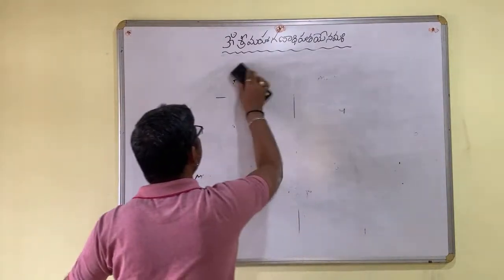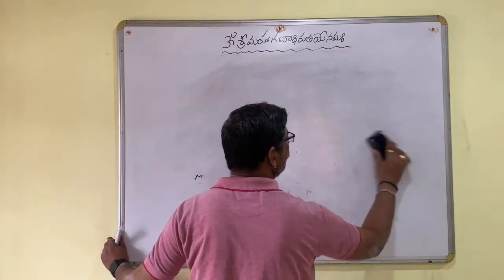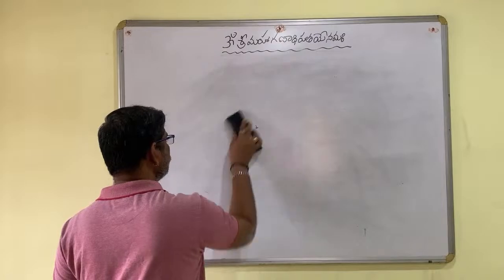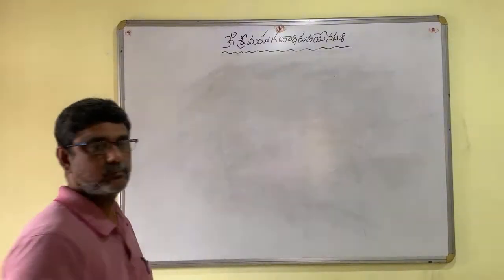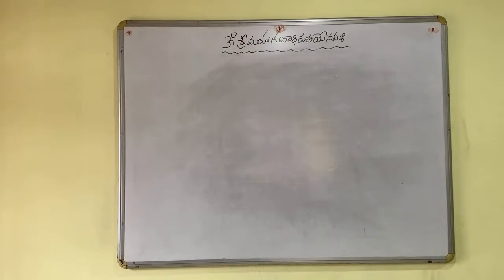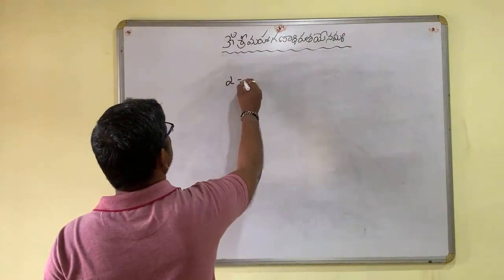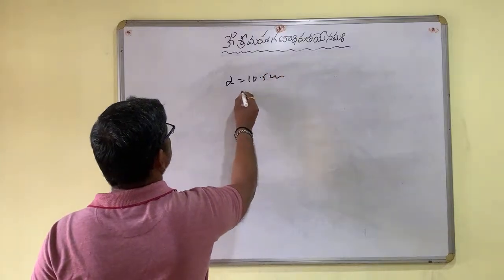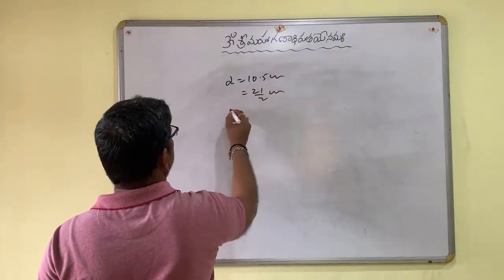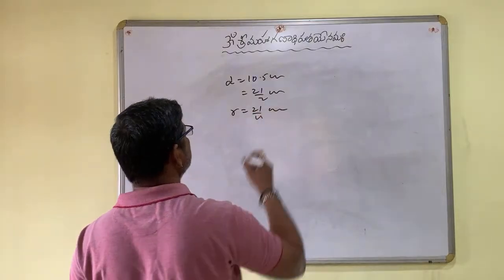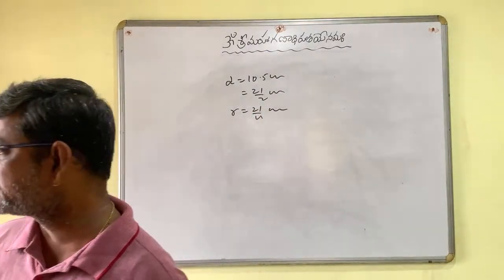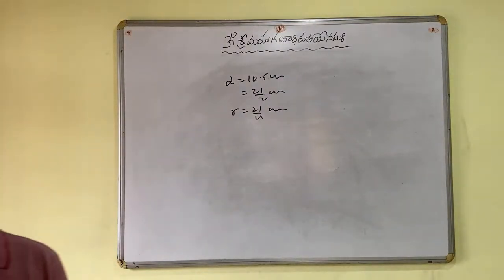Next question. How many liters of milk can a hemispherical bowl of diameter 10.5 centimeters hold? Diameter is given, 10.5 centimeters, that is 21 by 2 centimeters. Then radius is 21 by 4 centimeters. First write it quickly. And what is being asked?